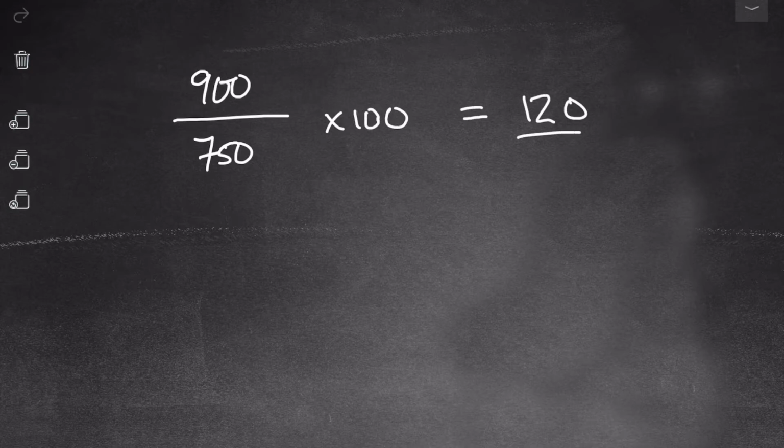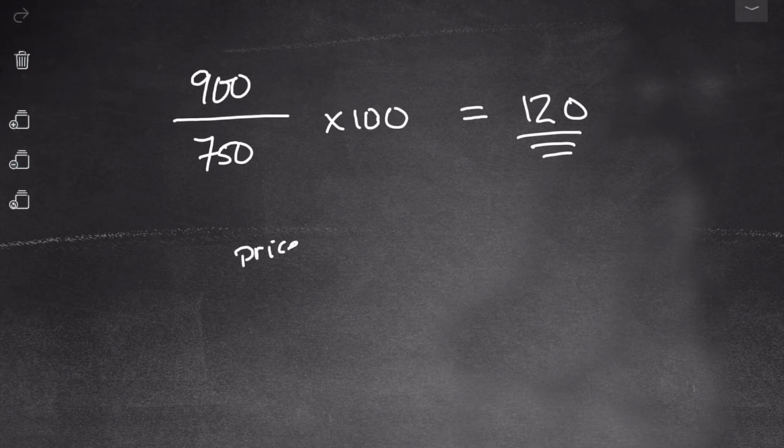What the CPI would do is we would take the 900 in 2014, divide by the 750 from 1999, and multiply by 100, and that gets us a number of 120. Now, what that 120 actually means is that prices on average rose by 20%.